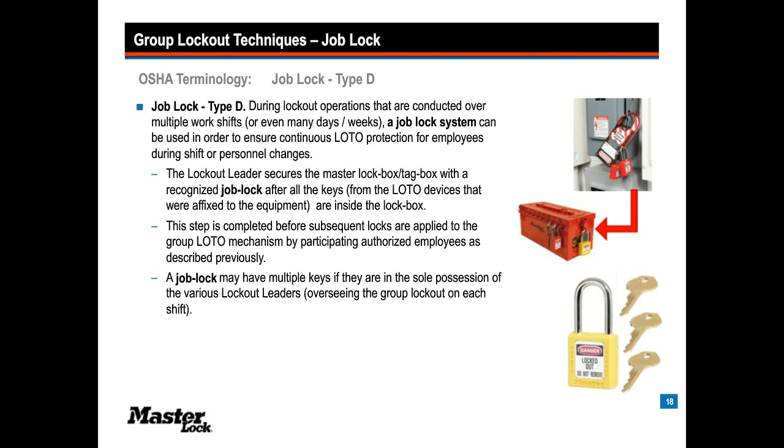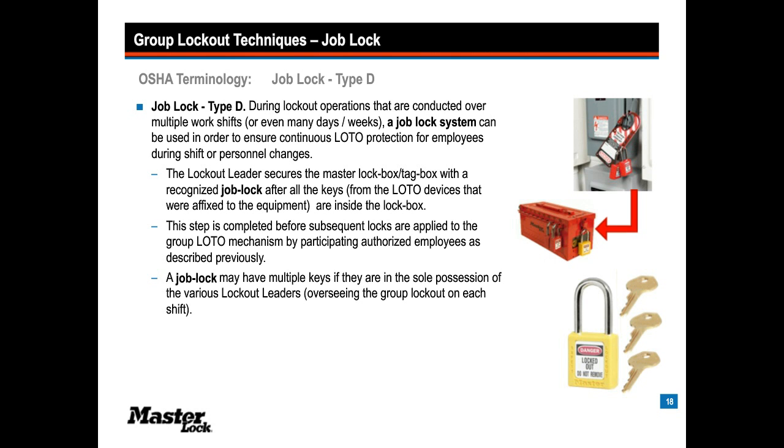Okay? A job lock can have multiple keys if they are in the sole possession of the various lockout leaders overseeing the lock on each shift. And so what we're saying here is the lockout leader does not know if they will be present when the job is completed.